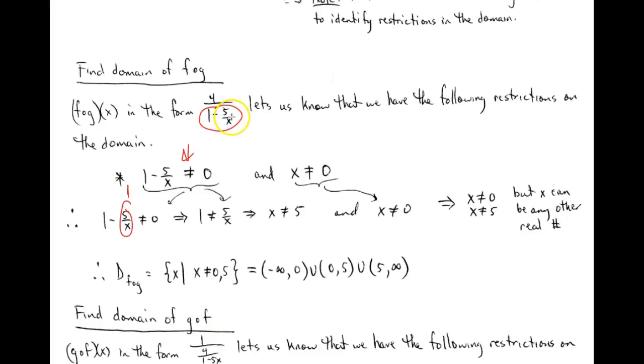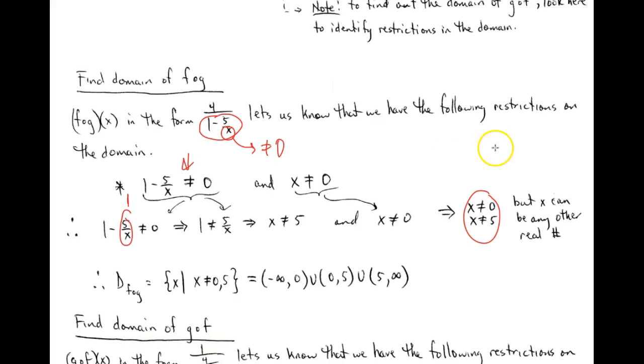We also know that because x is in the denominator of a fraction, it cannot be allowed to be equal to 0 either. So from that, we know that our two restrictions are, if we are going to plug in values of x, we cannot plug in 0 and we cannot plug in 5.